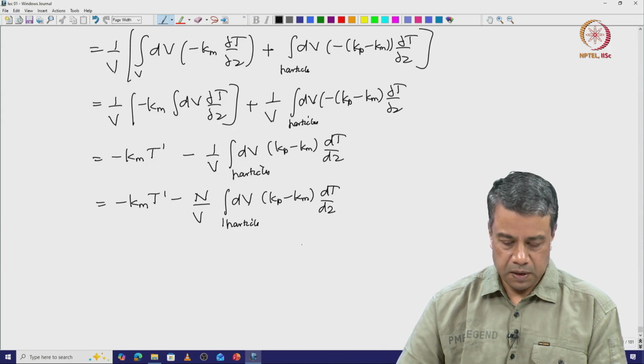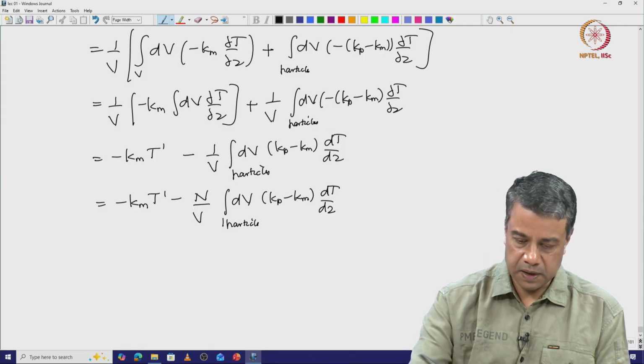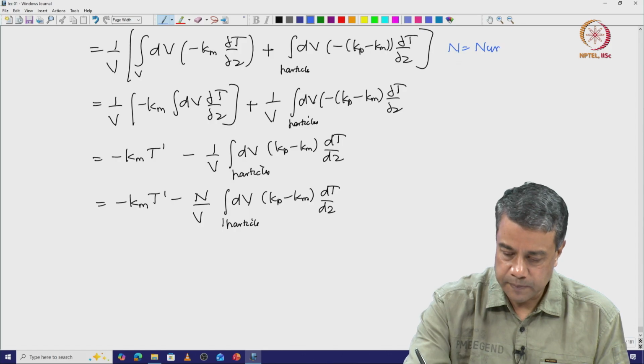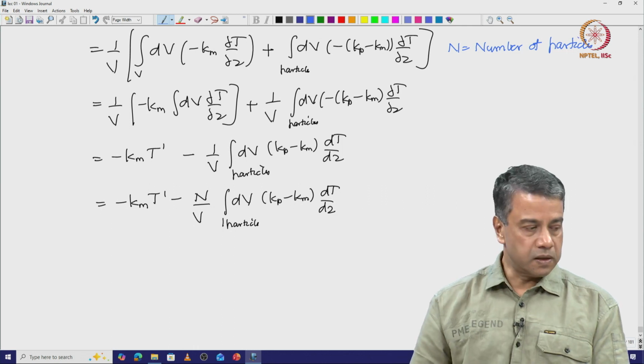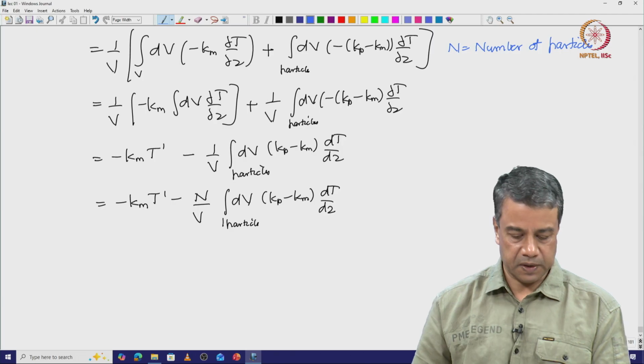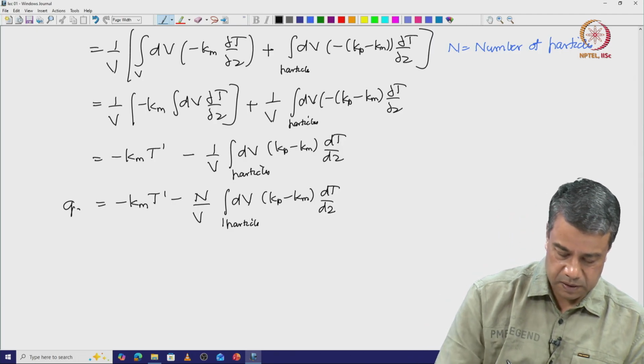Kp minus Km dt by dz times the integral over one particle, where n is the number of particles. The integral over n particles is n times the integral over one particle. This is the average flux, Q average.